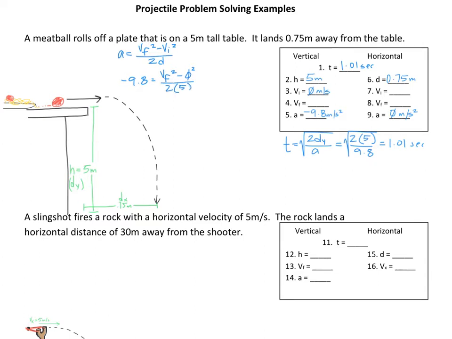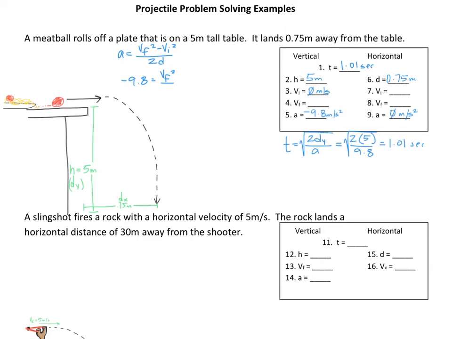Okay, so I know that my initial velocity is 0, and 0 squared is 0. So for the sake of this calculation, instead of rewriting it, I'm just going to ignore all this. And 2 times 5, that's an easy multiplication problem, 2 times 5 is 10.